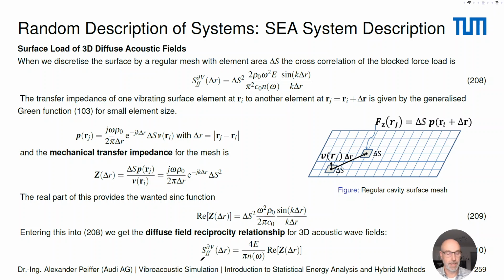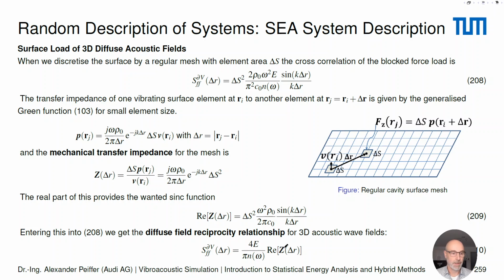What is it saying? It says that the cross-spectral density of two points at the boundary of a diffuse sound field, it could be a wall in a church or a wall in a room, at distance delta L, is just given by the energy, the modal density, and the mechanical transfer impedance, or as we say, the radiation impedance of the half space into the free half field.